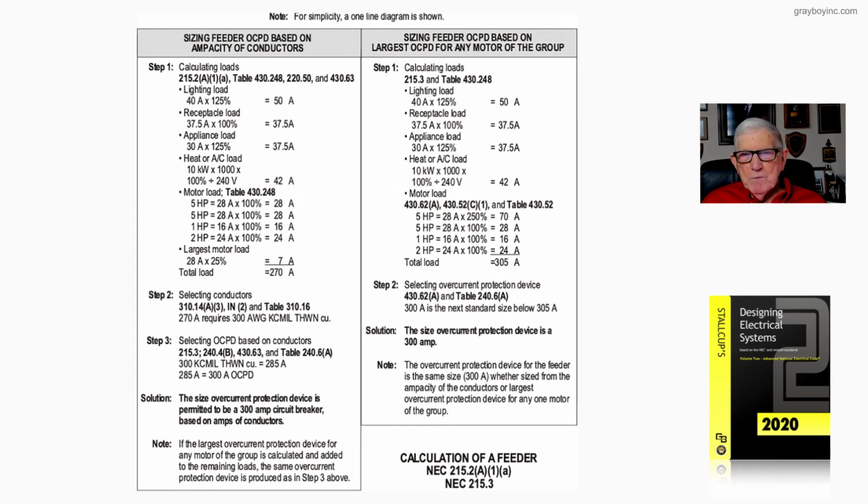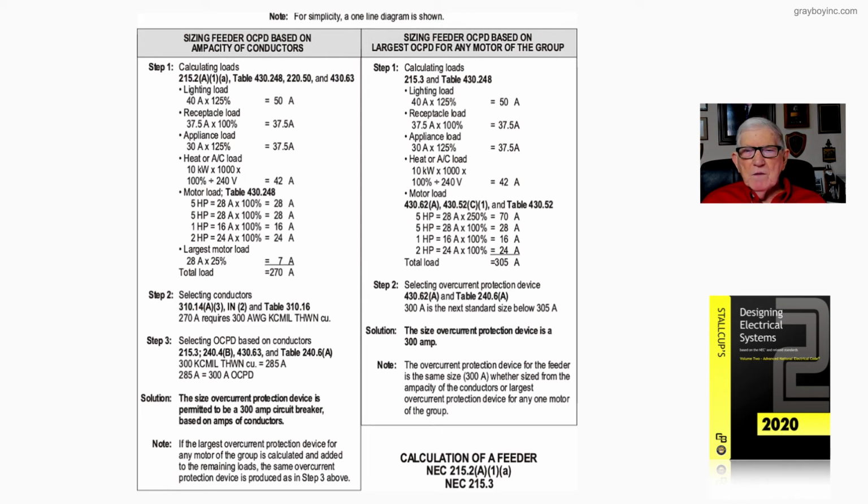Notice 5 horsepower is your largest motor. So we're applying 430.62(A). And we take 28 amps from table 430.252 and 250%. And we come up with 70 amp.